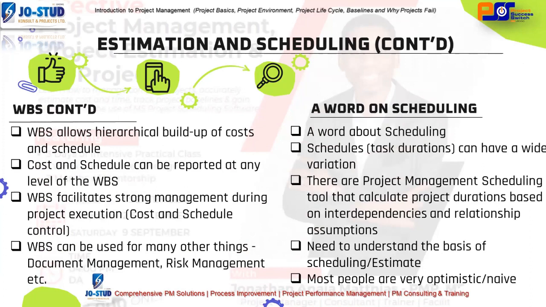So, of course, that's about estimating. Now, I told you today's class is about estimation techniques and project scheduling techniques, right? What are schedules? Project management schedules, you can use tools, you can do it manually, but it helps you to calculate task durations. So while you are estimating, your scheduling helps you to calculate task duration.